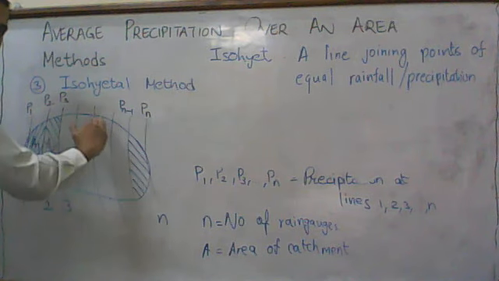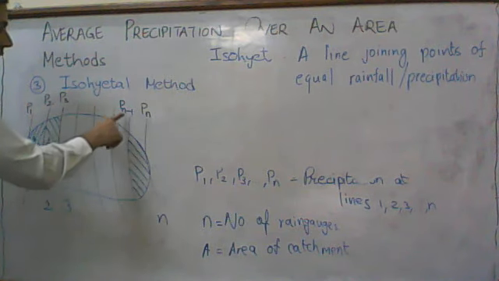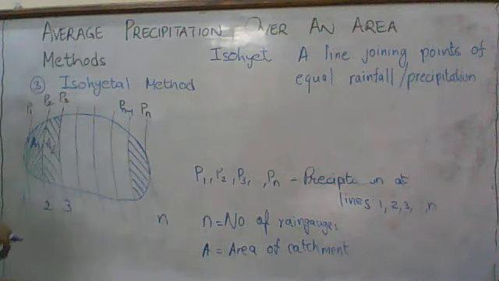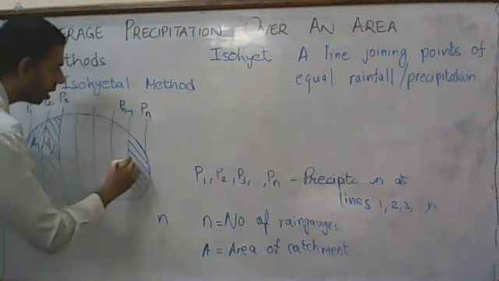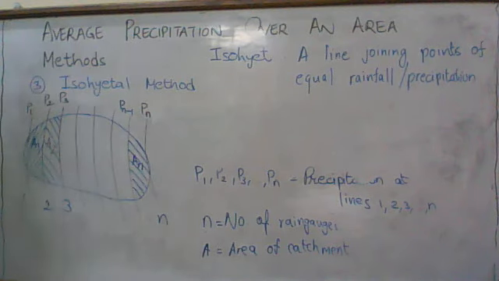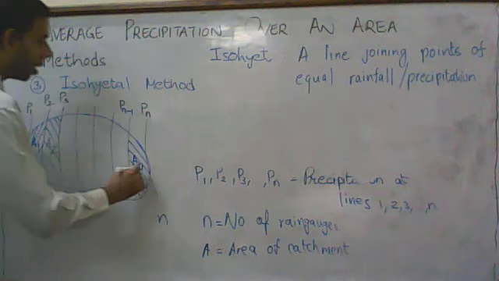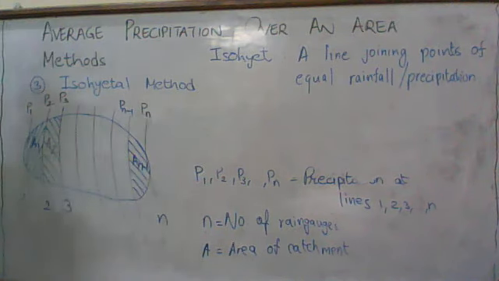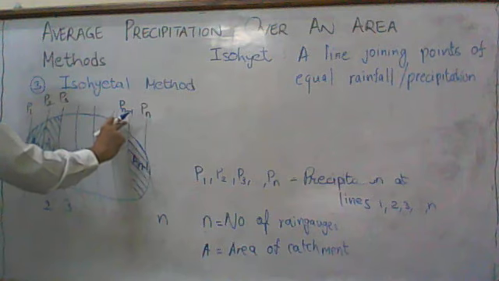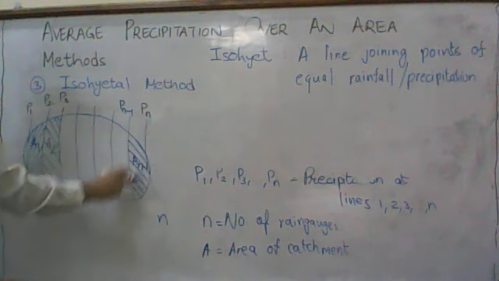The line before P6 will be Pn minus 1, that is 6 minus 1, that will be P5. Okay. And suppose the area that is covered is An minus 1. So the area between Pn minus 1 and Pn is denoted as An minus 1.